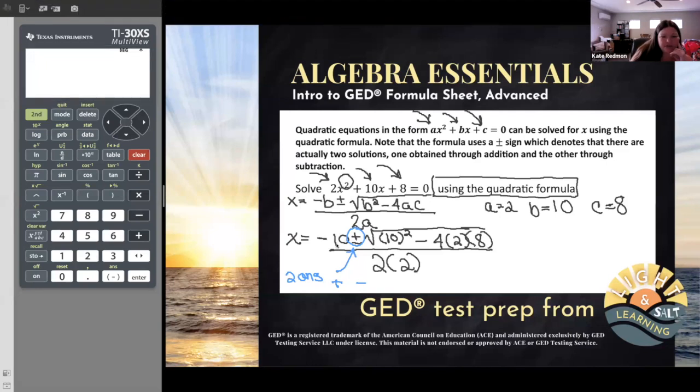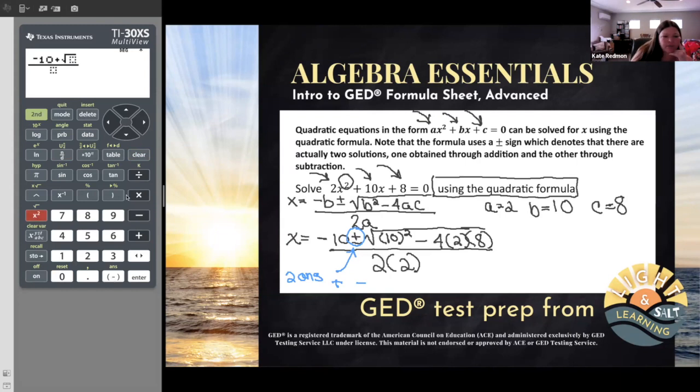So see how it's this whole long, ugly fraction bar? You're going to want to make sure that you put the fraction in first, and then you can type negative 10. And I said we can only do one at a time. So I will do my plus first. I need a square root. Square roots are in green, and so I must hit the green second button to get that square root key.